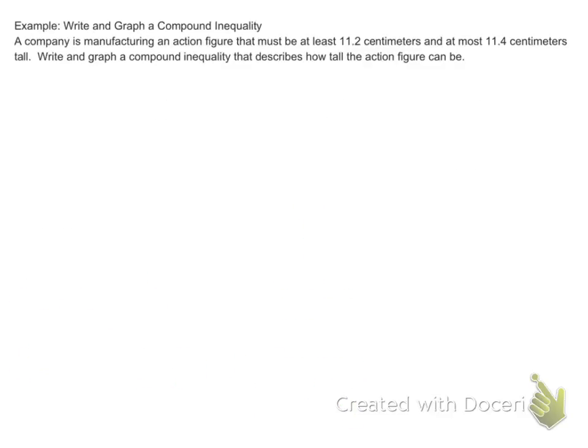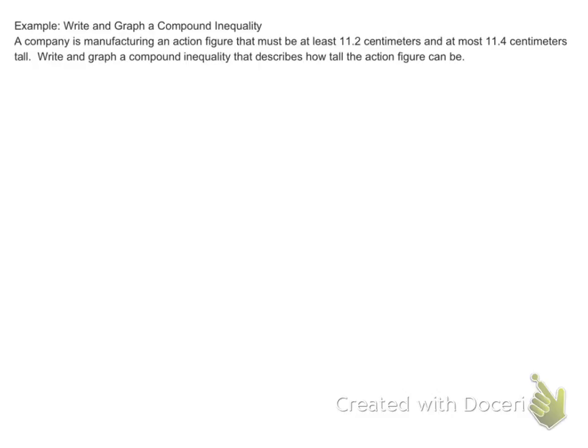So then we can go with a kind of a maybe real life type of situation. It says that a company is manufacturing an action figure, not a Barbie, an action figure, that must be at least 11.4 centimeters and at most 11.4 centimeters tall.